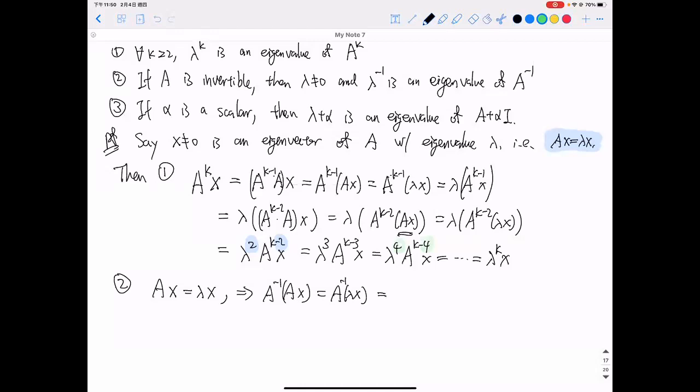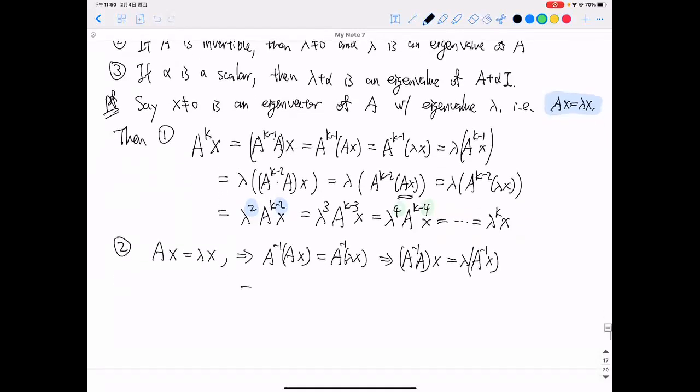On the left-hand side, we have A inverse A times X, equaling, on the right-hand side, lambda times A inverse X. Now, A inverse A is the n by n identity matrix, so you just get lambda A inverse X on the right-hand side. The identity matrix I times X is just X. So X is equal to lambda A inverse X.